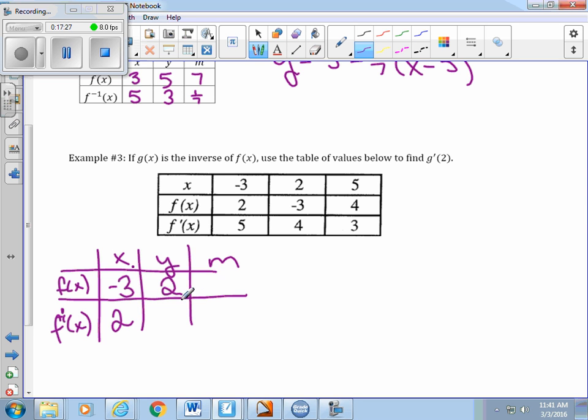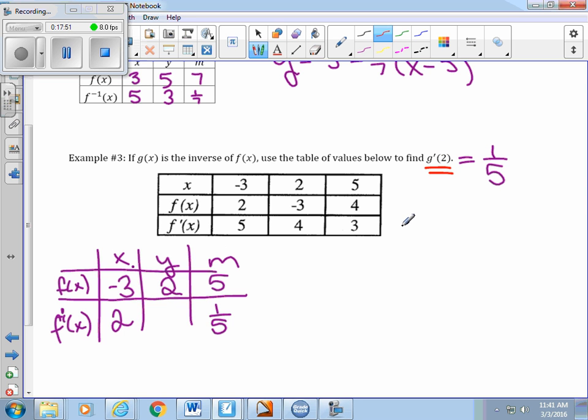And what is the derivative? Right. So the answer to this question is 1/5. Now let me show you the formula. Okay, so the 2 came from the question.